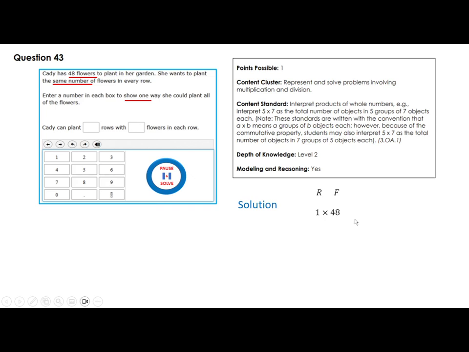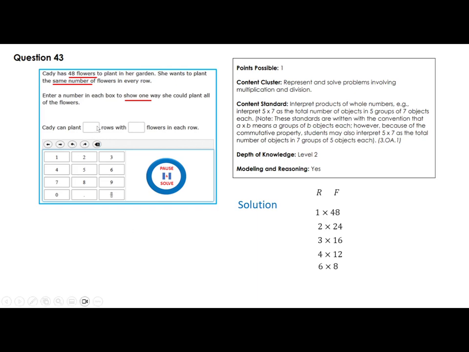Can I have 1 row and put all of them in 1 row? Why not? I can do that. Can I have 2 rows? Then I would have 24 flowers in each row, right? So what I'm doing is breaking the 48 into a multiplication of 2 numbers that produces 48. 3 times 16, that would work too. 4 times 12, that would work too. 6 times 8, most students answer 6 times 8.